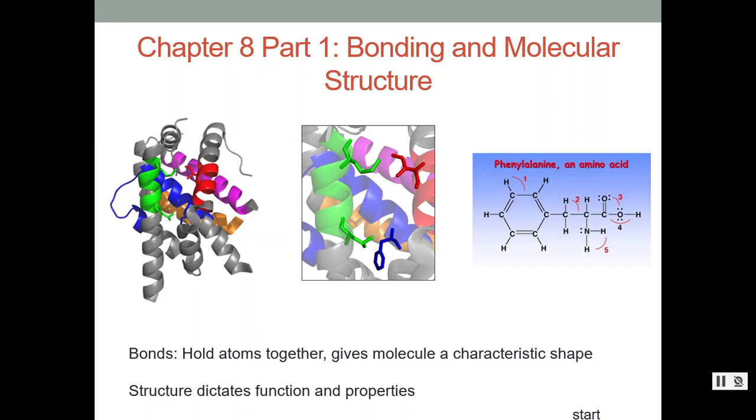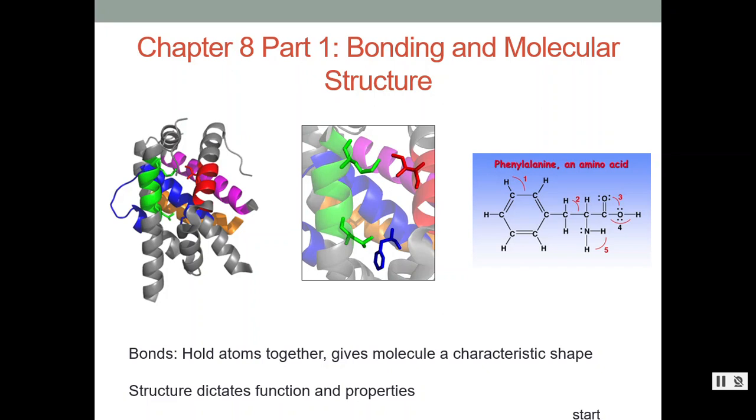We'll talk about intermolecular forces later on in the course, but I mention this to show that the structure of a particular portion of the molecule, particularly this blue residue called phenylalanine, those connections between the atoms in that part of the molecule give that molecule shape and definition and interaction with this other green residue, this lysine in this molecule. And those interactions help give that molecule structure and its function.